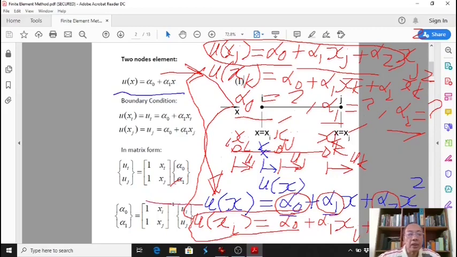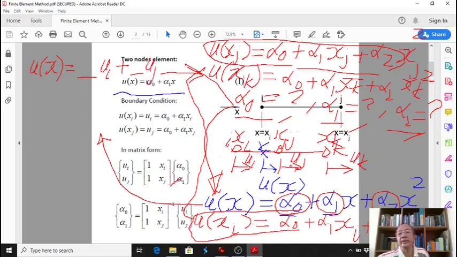As just now, after we substitute back, we need to expand and then factor the terms so that we can form u(x) equal to ui, where ui is the nodal displacement here, plus this term multiplied by uj.